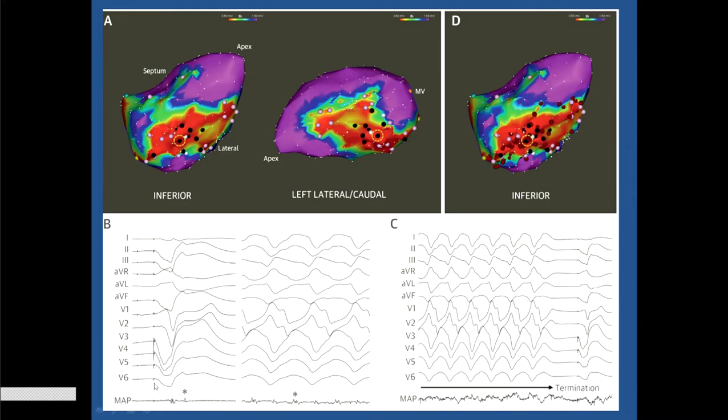If you pace from the ICD, you know there are late potentials, that is potentials coming after the QRS, and during the VT you see mid-diastolic potentials. We do entrainment and see whether we are at the exit, isthmus, or the entrance, based on certain criteria, and we ablate these channels and terminate the VT and bring the patient back to sinus rhythm.